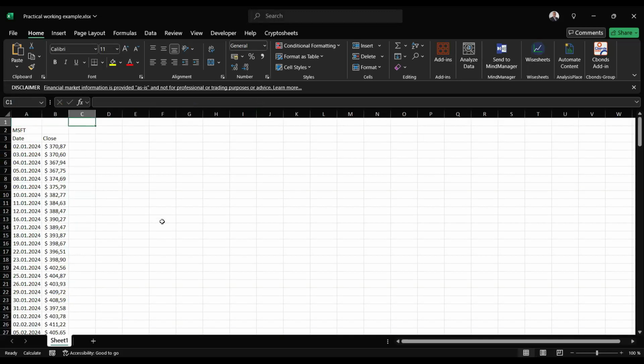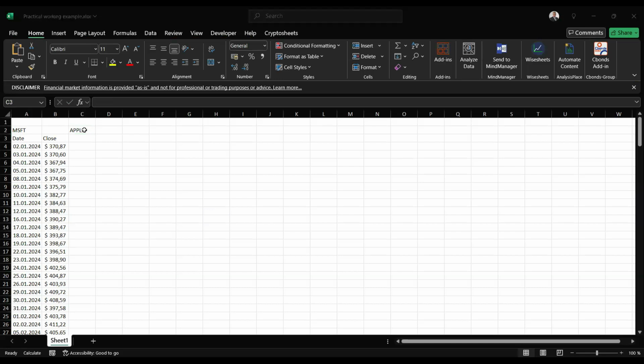Then we have to download the quotes, for example, for the next equity, which we need to compare, in terms of value at risk, to the Microsoft equity. Let's say it might be Apple.